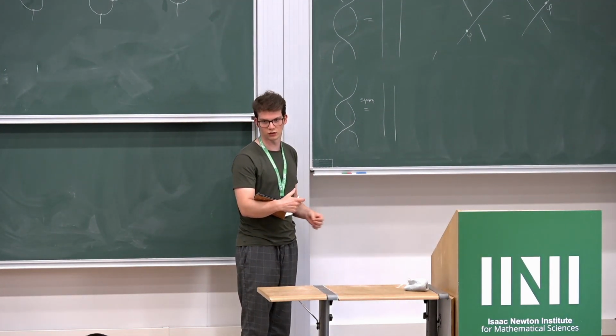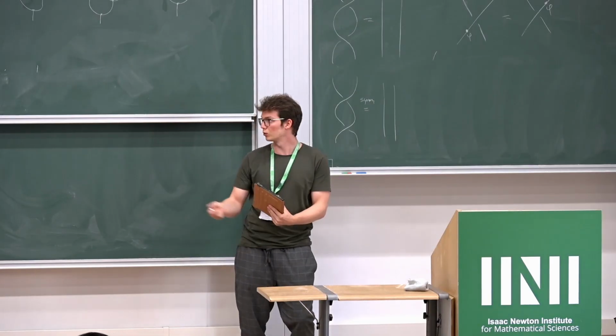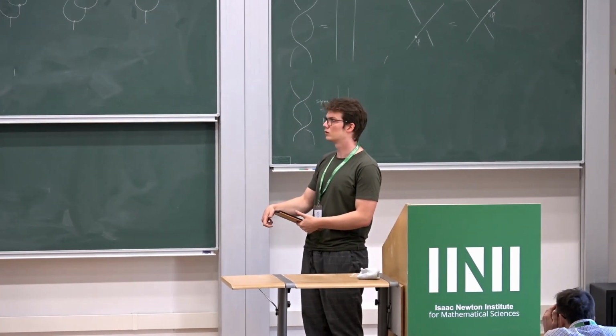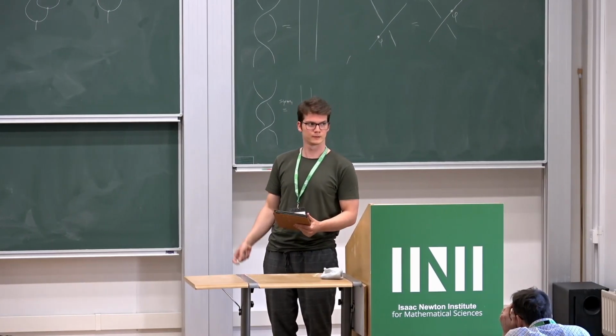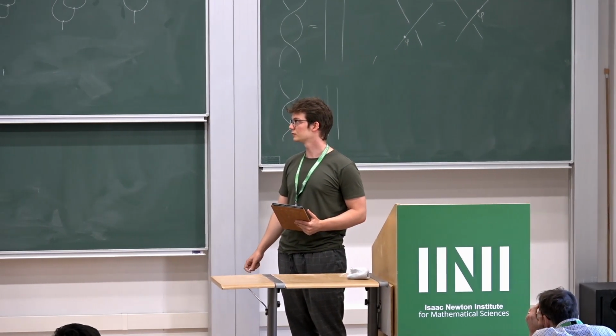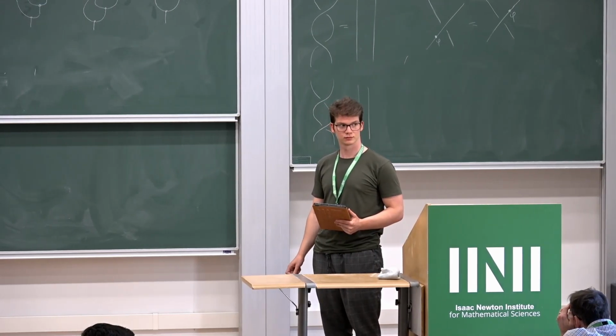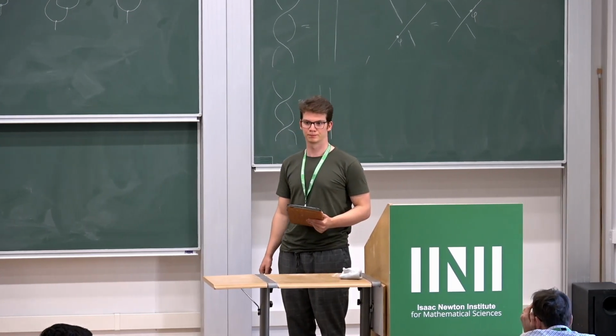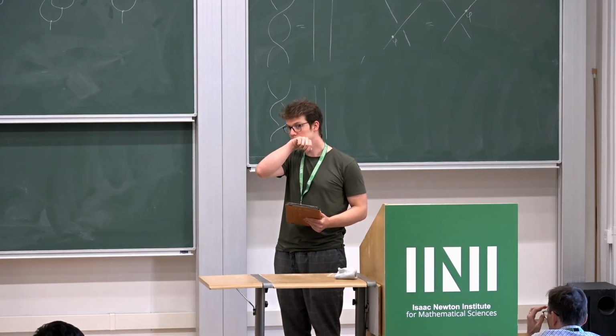Since we are using Vect, this is a symmetric braiding, so we can do this. What is written on the left board, these are properties of the algebra. What is written on the right board, these are properties of the whole category in which we work. It's not specific to the choice of algebra, it's always the case.